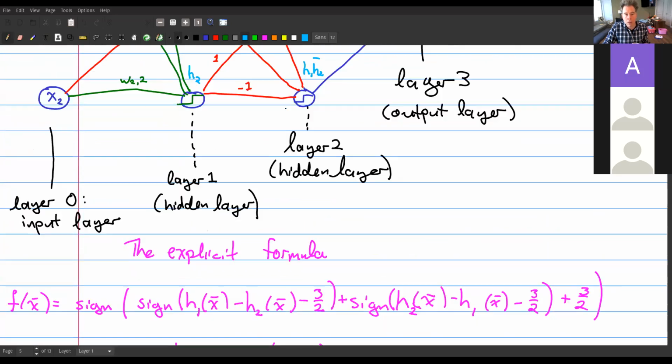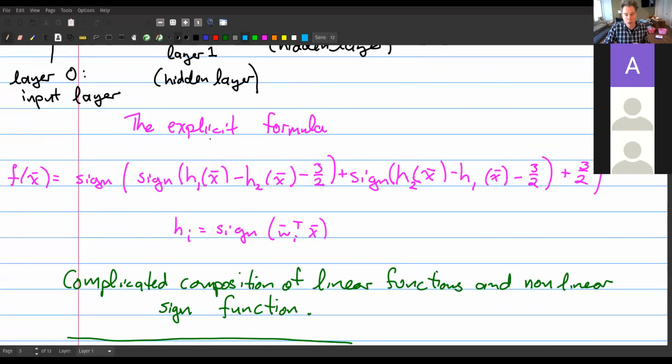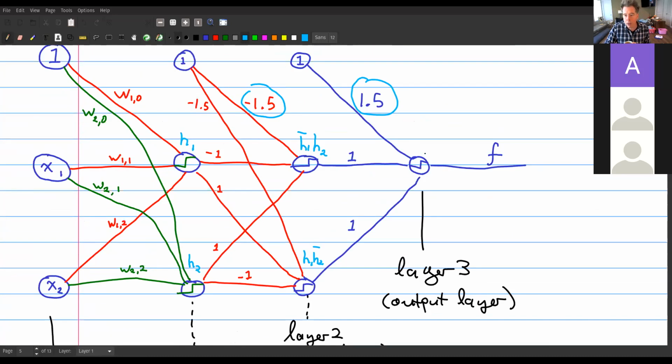And you can translate what we just did from the diagram. Looks kind of nice and organized, but you can also write it as an algebraic expression. So it goes down even further than this. This is just turning the diagram into an equation. You can do it backwards. So the last thing that gets applied here is the sign of not H1 and H2 or H1 and not H2.